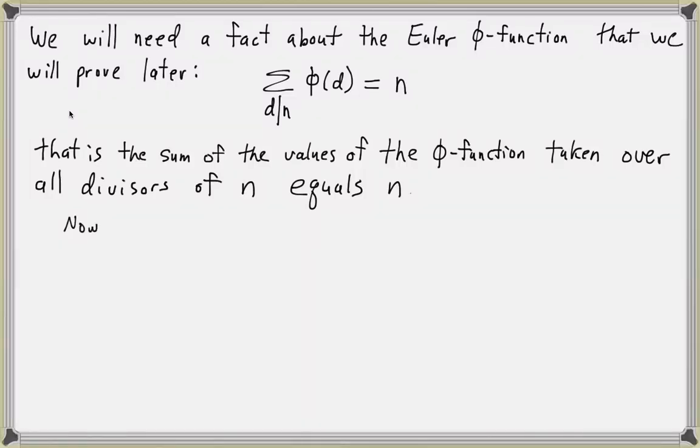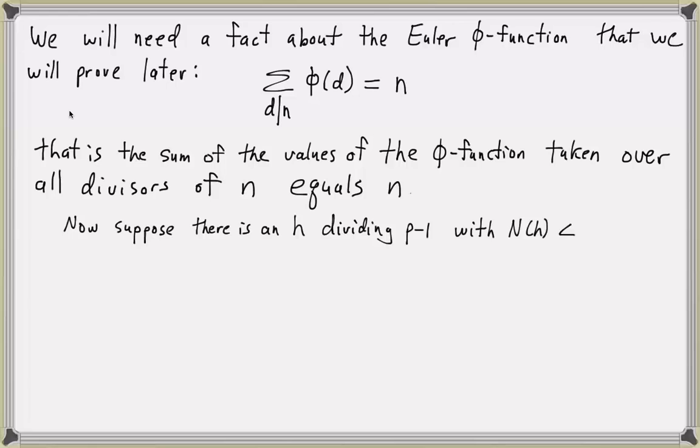So suppose there is an h dividing p minus 1 with capital N of h, so the number of residues with order h, strictly less than phi of h.